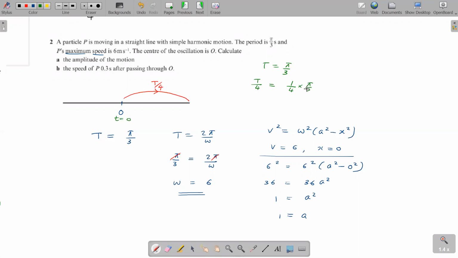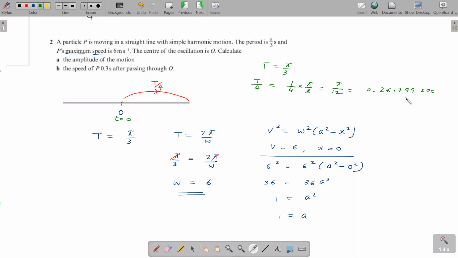A quarter of the periodic time, 1/4 of pi over 3, you get pi over 12, which, if you convert it to the decimal figure in seconds, is 0.261799 seconds. So you take 0.261799 seconds to come from the center to the amplitude.